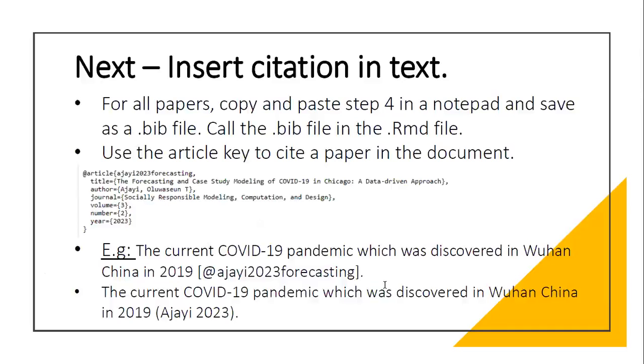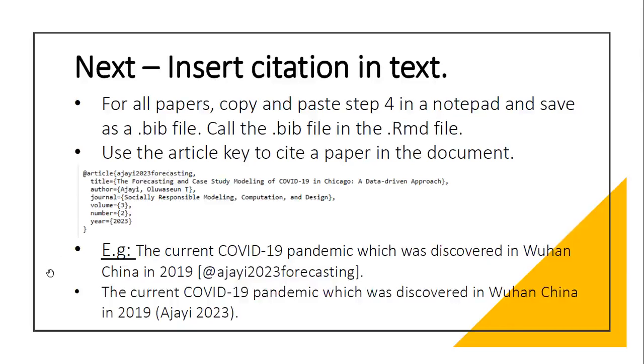So how do you insert a citation in text? Assuming that you are writing a sentence and you want to cite the paper you used to get that information in your report. For example, after I get the bib text of this paper, which is my paper in this example, the paper has an ID or a key, which is Ajayi 2023 forecasting.